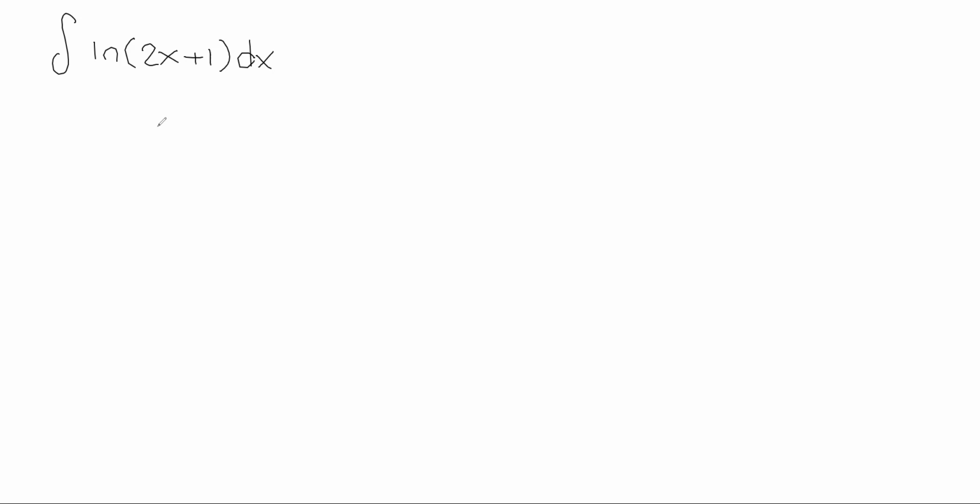But before we even apply integration by parts, we're going to need to do not u substitution, because u is already being used as a variable in integration by parts. We're going to use our new parameter t, and we're going to do a t substitution before we even get into the integration by parts. So we're going to set t equal to the entire inner function, 2x plus 1.